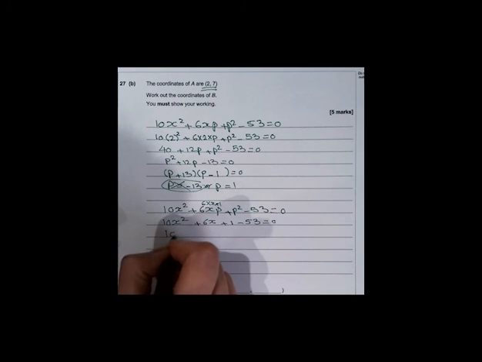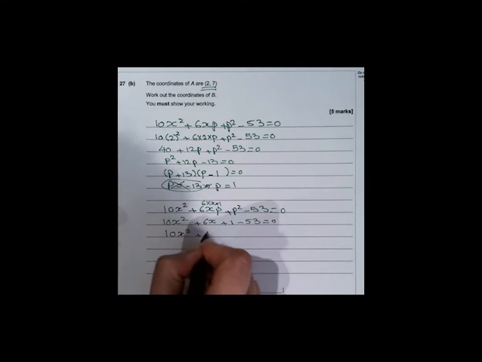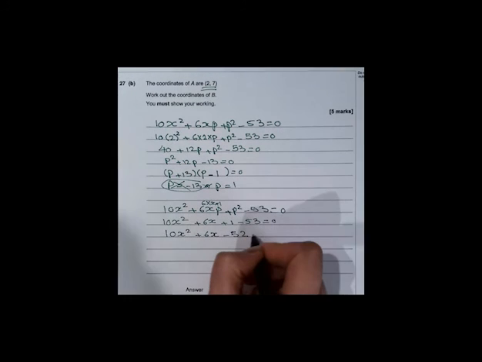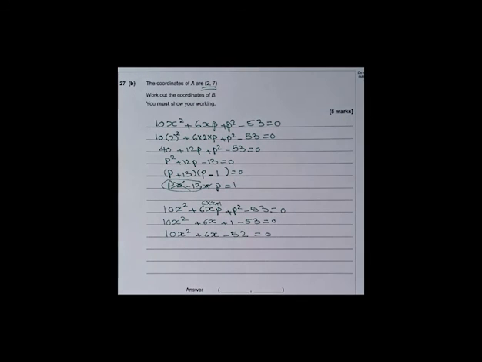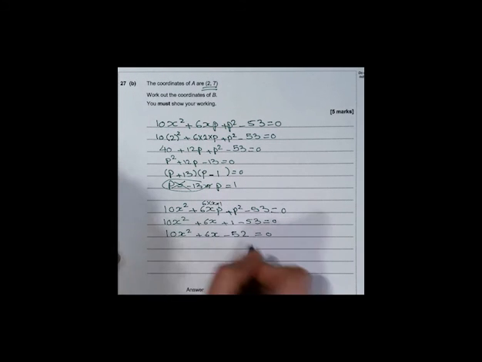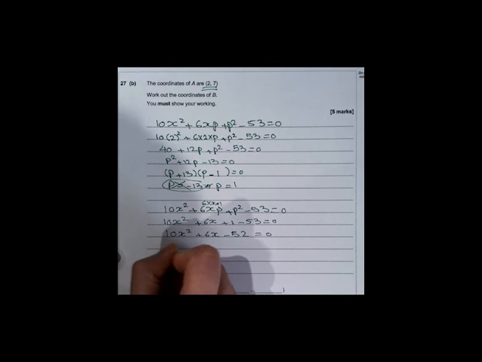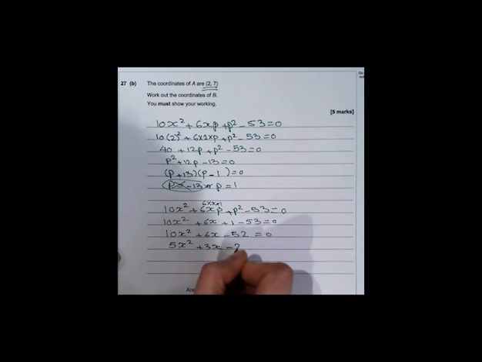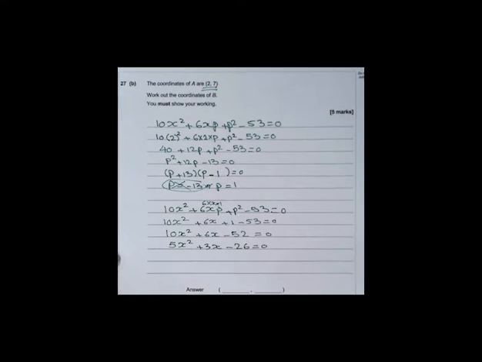So this equals 10x squared plus 6x minus 52 equals 0. Now we want to factorize. So before I factorize, I'm going to simplify it. So I'm going to divide the whole thing by 2. So this is going to be 5x squared plus 3x minus 26 equals 0.